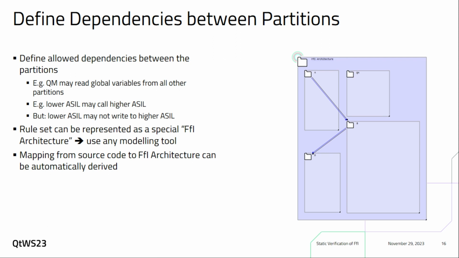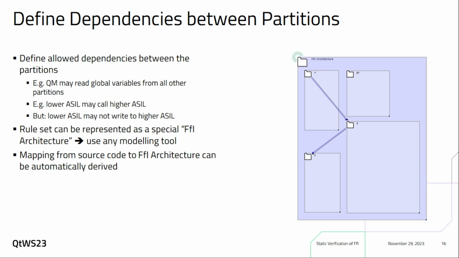QM may read global variables from all other partitions, so reading global variables is always allowed. Doesn't impact the functional safety of the system. Lower ASIL may call higher ASIL functions if appropriate validation of input values is performed, and lower ASIL may not write to higher ASIL global data. Something like that could be a rule set.